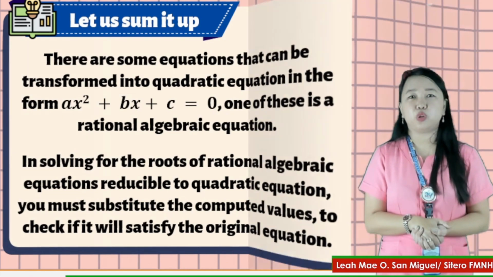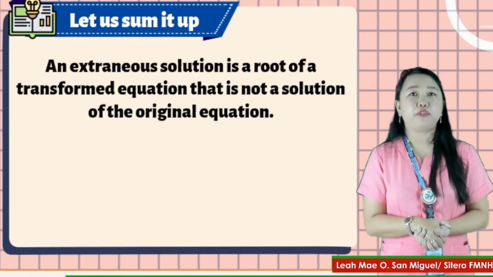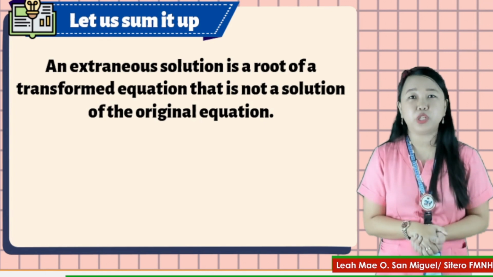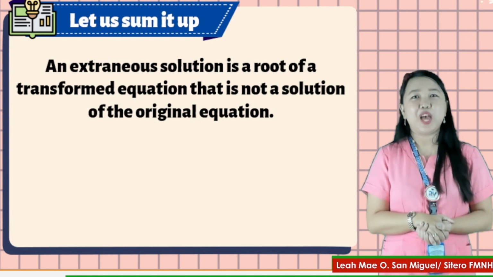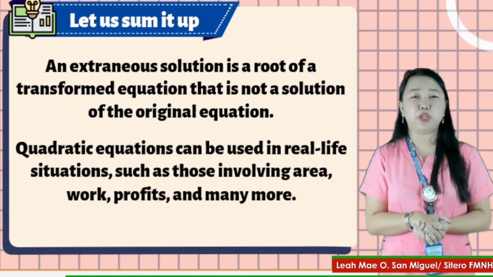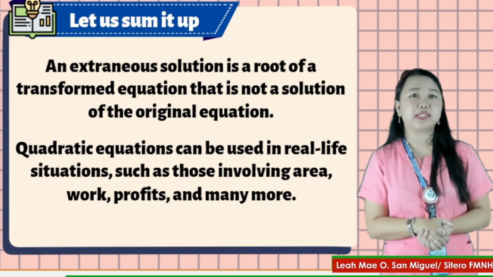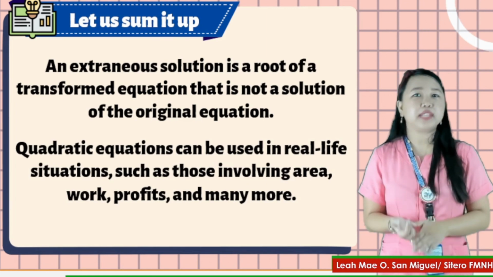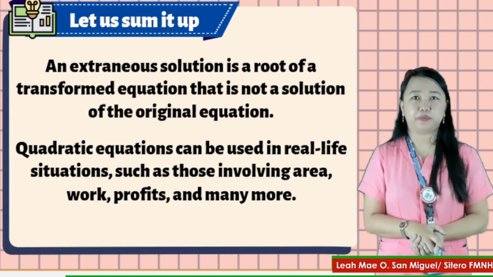An extraneous solution is a root of a transformed equation that is not a solution of the original equation. Quadratic equations can be used in real-life situations, such as those involving area, work, profits, and many more.